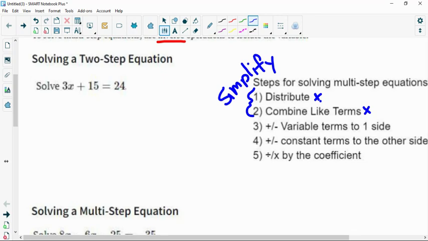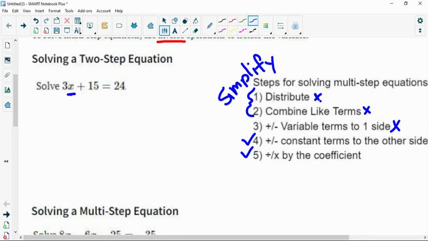So we're starting to see that we don't need to simplify. X is only on the left. So we already have it to where all the variable terms are on one side of the equal sign. So we only need 2 steps here. We need to move the constants to the other side, then get rid of the coefficient.